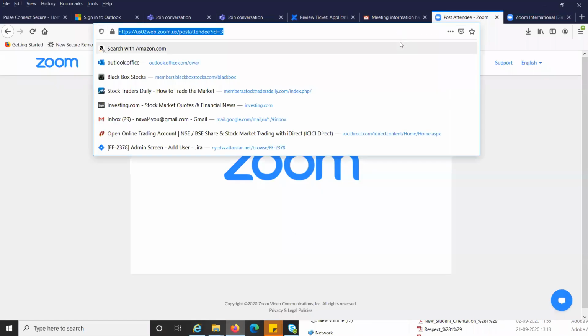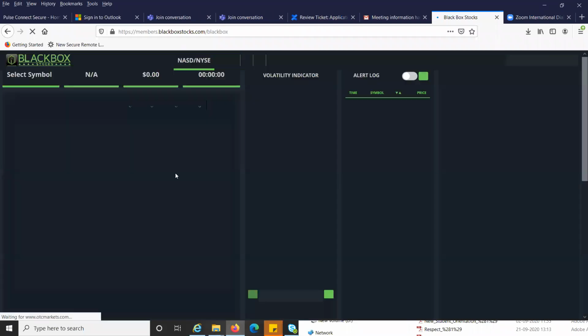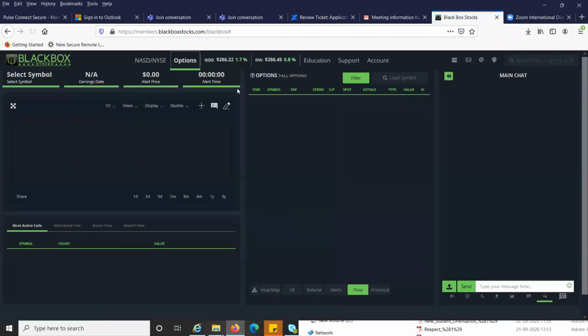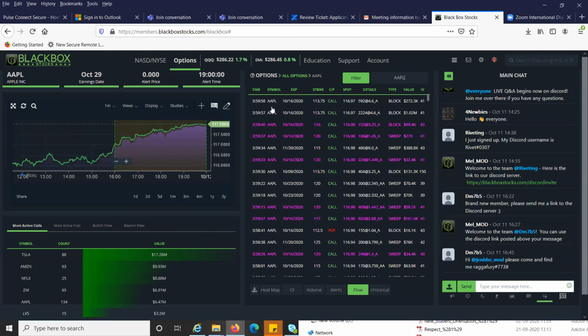Now, the other thing we have talked about is, let me show you, when you see something like this on the black box, there are people buying. For example, here, Apple. You see people have bought, and they bought at 1,272,000. This gives you a confirmation on your candle that yes, people are buying with the perspective that something is going to happen in Apple, but it doesn't confirm it.